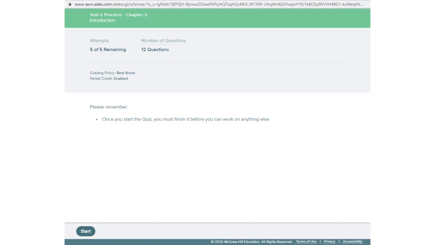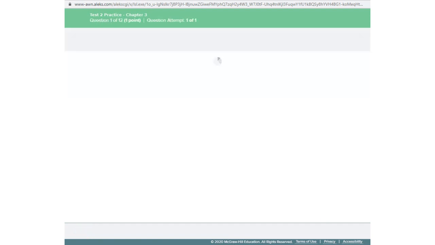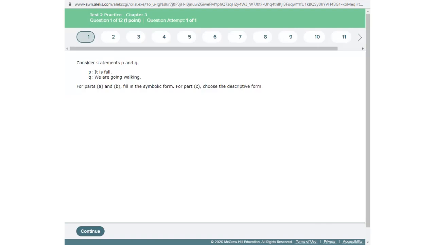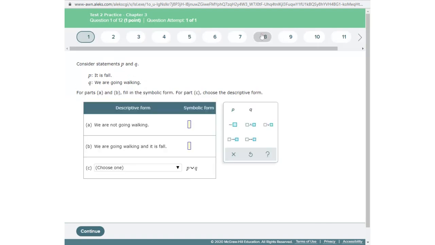So let's just go through this thing here. So we're given two statements. P is it is fall, and Q is we're going walking. So they want us to put in symbolic form these three things. So how do you think we're going to do this one?